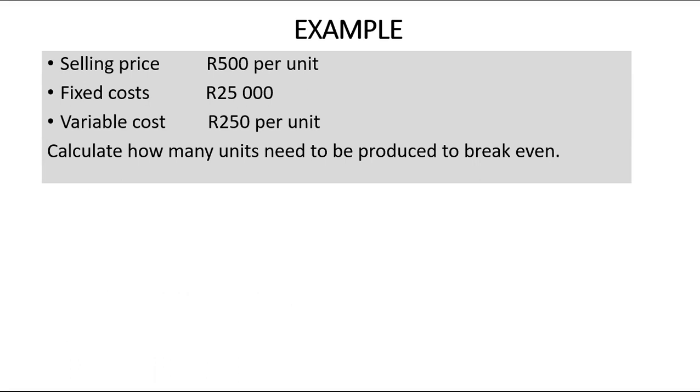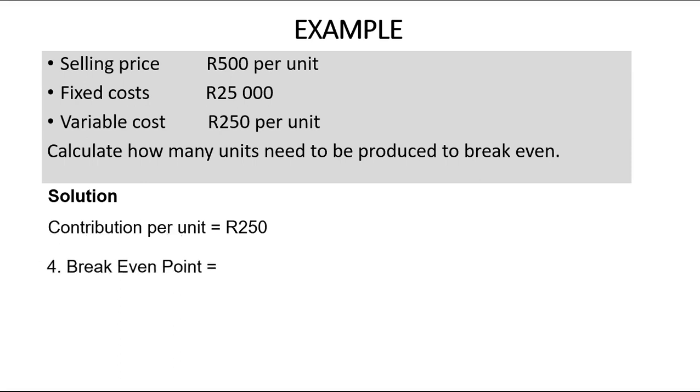The last step wants me to calculate my break-even point. How do I calculate my break-even point here? I've got my contribution, so I'll just take my fixed cost and divide it by my contribution per unit. It's simply your selling price per unit minus variable cost per unit, which is your contribution per unit, of which we calculated.